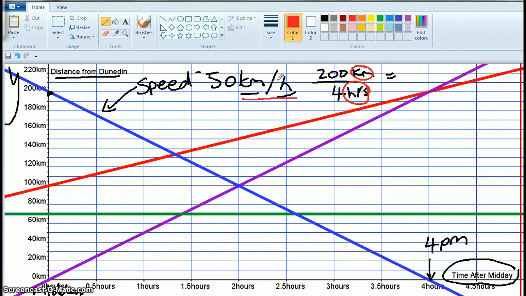So that's very cool. What story does the purple train tell us? At midday, where is the train? In Dunedin, correct. At 4 p.m, where is the train? 200 kilometres away from Dunedin. Fantastic. What's the speed of that train?